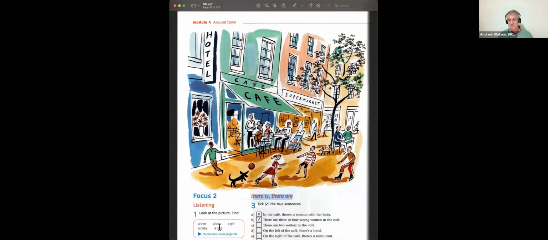So you could get the students to say, okay, students, move the sticky that says a boy. Move it to the boy, right? So physically they're doing it, yeah? Gets them involved. Find the tree. Okay, move the sticky to the tree. So on, yeah?